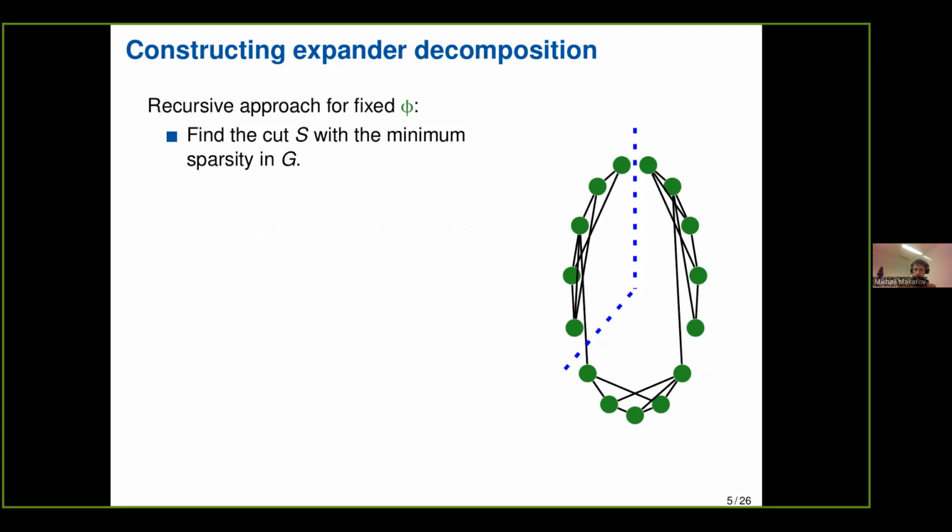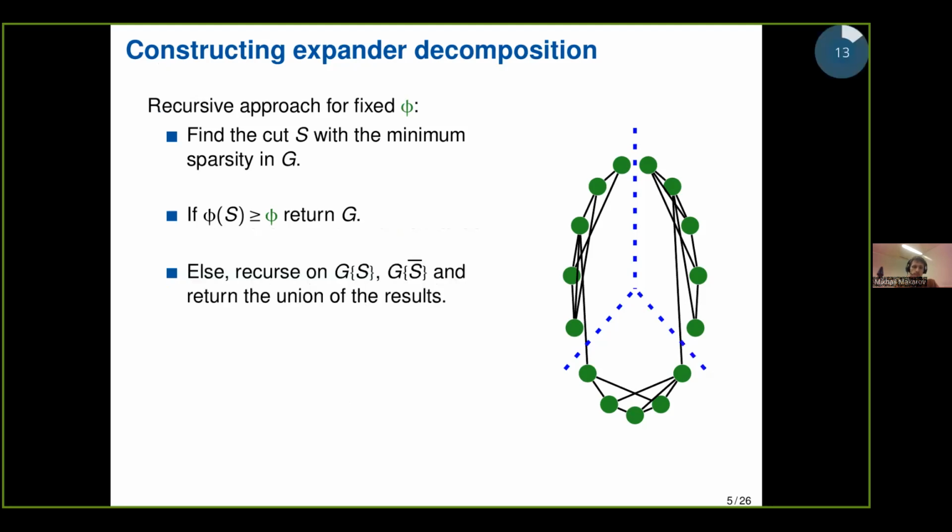How can one construct such an expander decomposition? Well, the simplest algorithm is as follows. We fix some sparsity phi, and afterwards we find the cut in G with the smallest sparsity. If this sparsity is still bigger than phi, then G is a phi expander, so we can return it as a single cluster in the expander decomposition. Otherwise, we recurse on both sides of the cut and then return the union of the results of the calls.